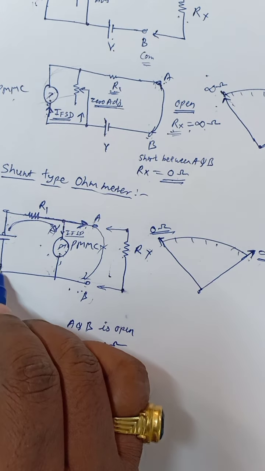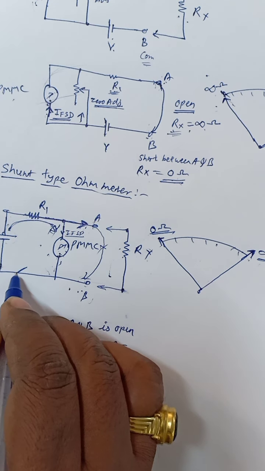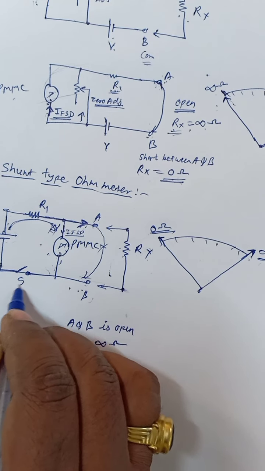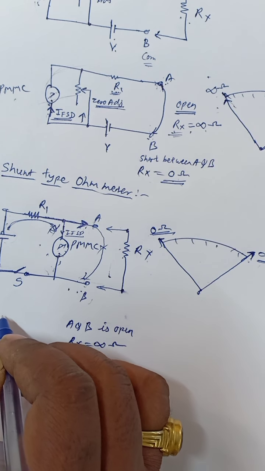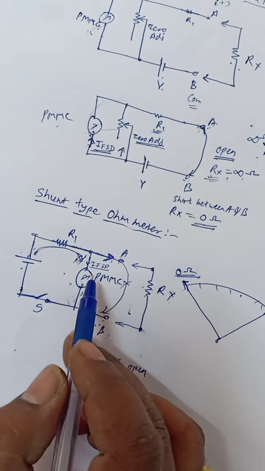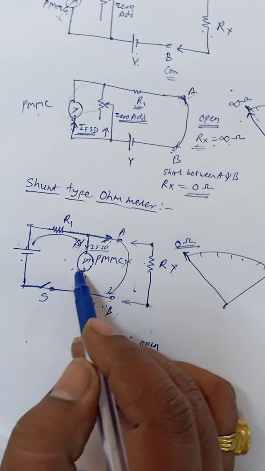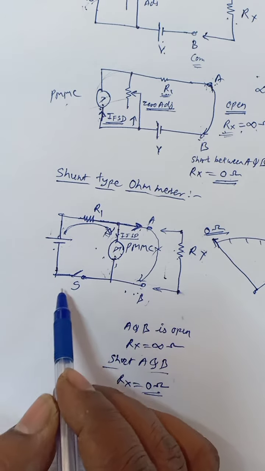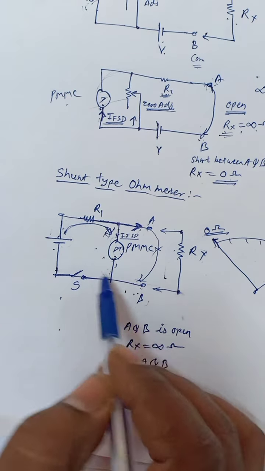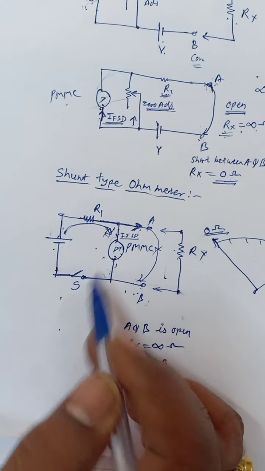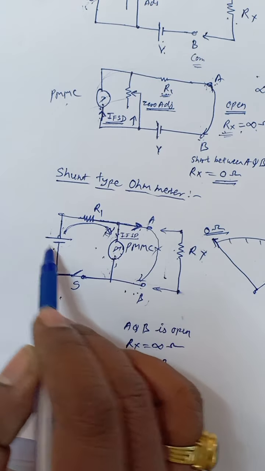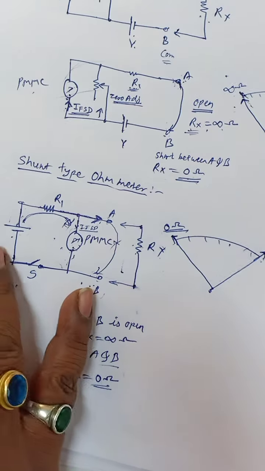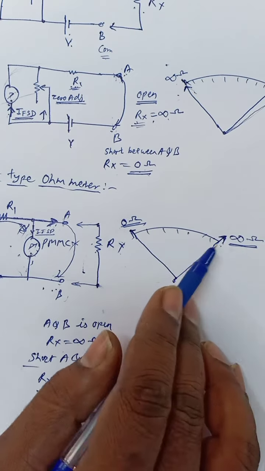So to avoid this, we use a switch here. When the shunt type ohm meter is not in use, you have to keep this switch open. Otherwise, if this switch is closed, the continuous current flows through this meter and it will discharge the battery source. As the current flows through this meter, it shows an infinite deflection.